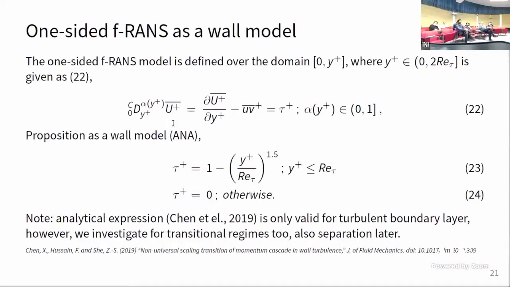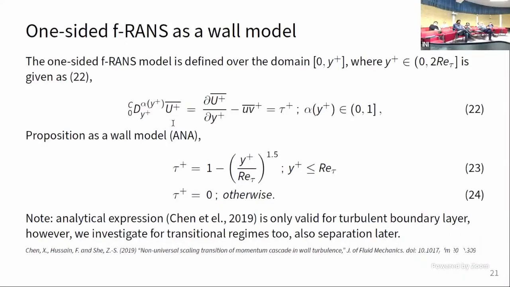Whenever you see the word ANA, that implies that the total shear stress is from this analytical expression. Whenever you see DNS in brackets, that notation implies that the total shear stress was computed from the databases. For either of the cases, the velocity was from the database.